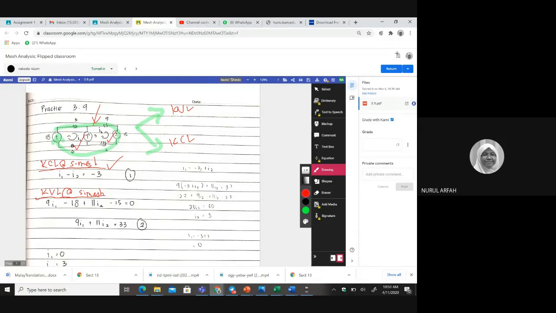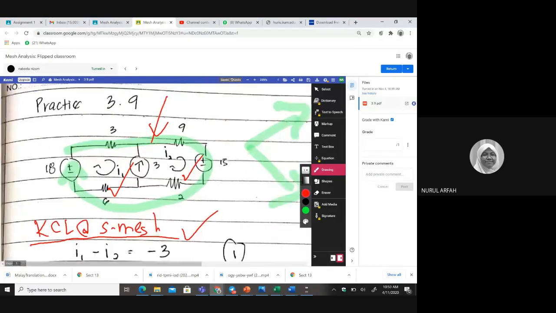Okay. Then I will look at your equation here. Betul ke tak? So it's supposed to be what? What do you think? If KCL at super mesh, what is the equation? I2 minus I1 equal to 3. Yeah, very good.